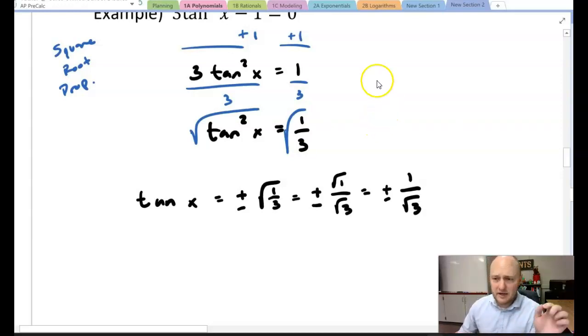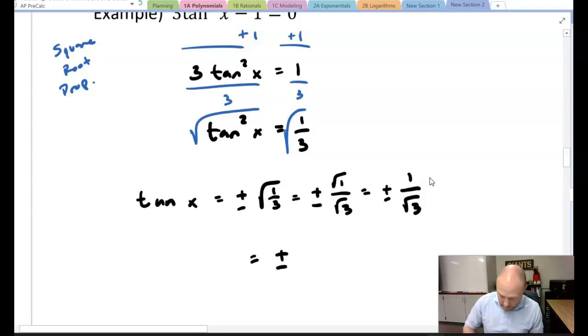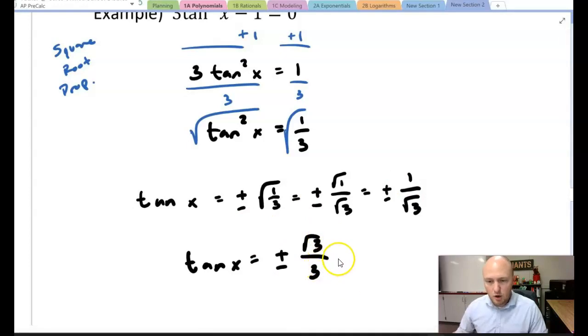Now this form might not ring any bells. We're going to rationalize this, multiplying the top and the bottom by the square root of 3, and you get the square root of 3 over 3. And lo and behold, that value should ring some bells. Positive and negative square root of 3 over 3.